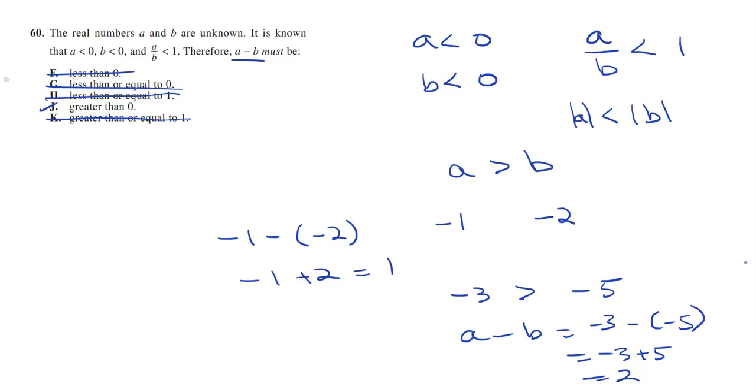So this is pretty much how you answer this type of questions. These are very common questions on the ACT. So just take note. If you start solving through the problem and you're not 100% sure of your answer, just try a different set of numbers. You can try about three sets of numbers.